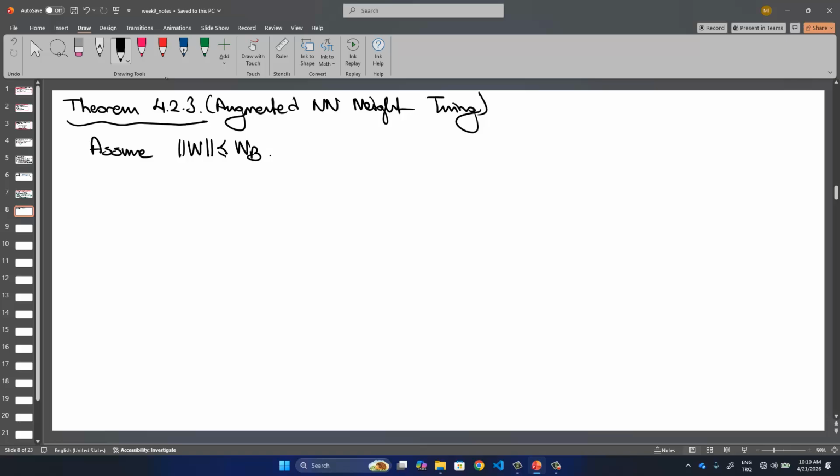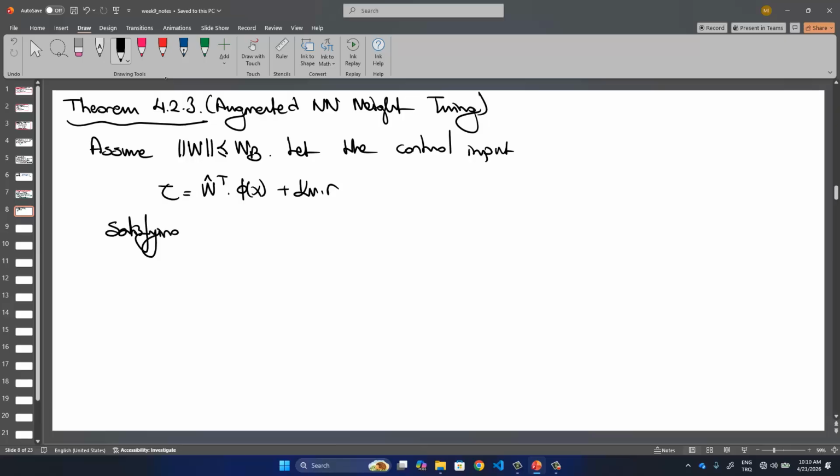Okay? So, let the control input, just like this one, torque value, W hat transpose phi x plus KV R. And so this must satisfy this condition, KV minimum value. And so this one can be generalized just like this one.